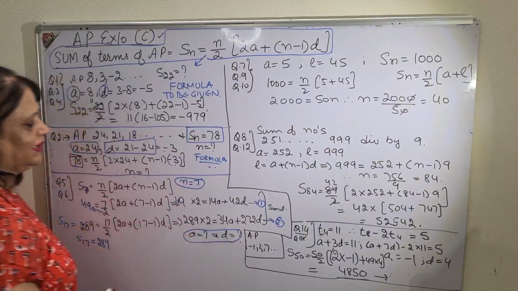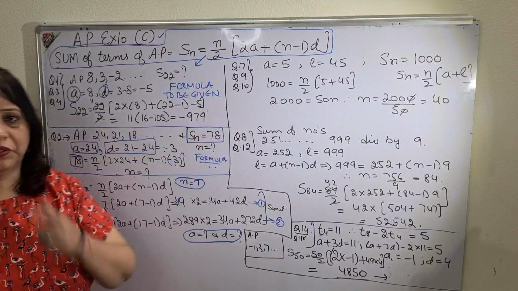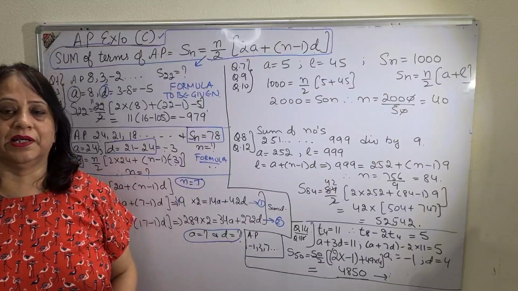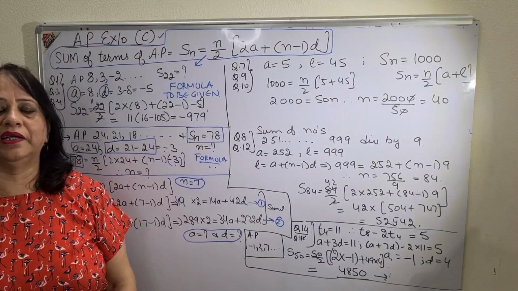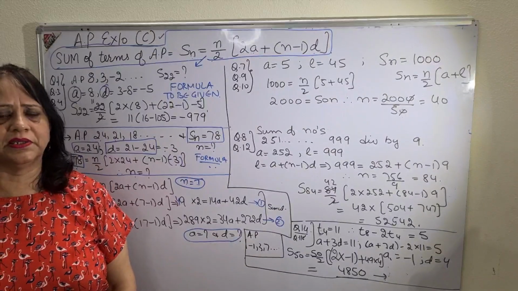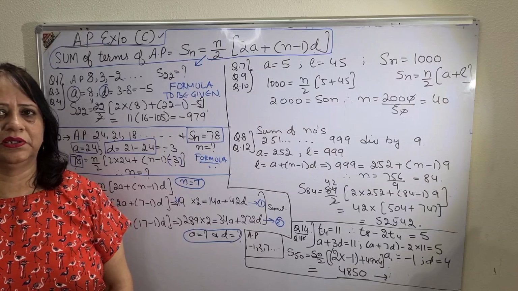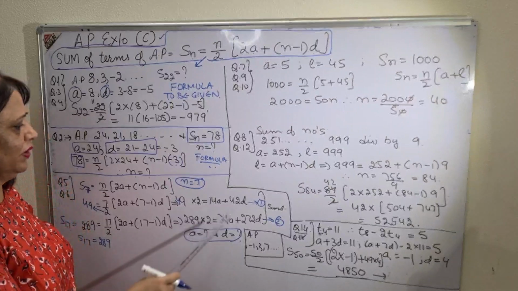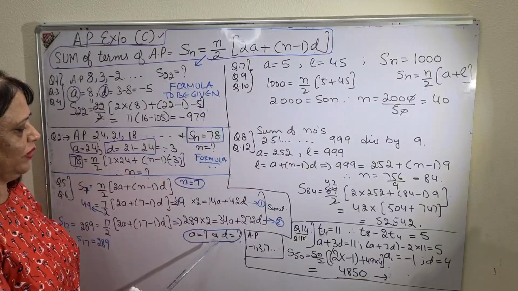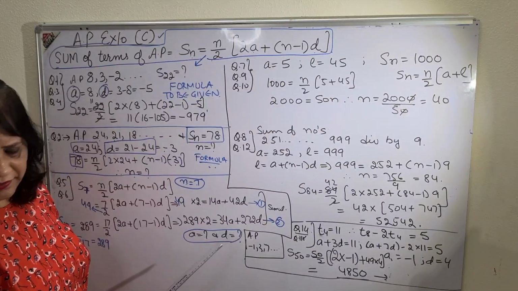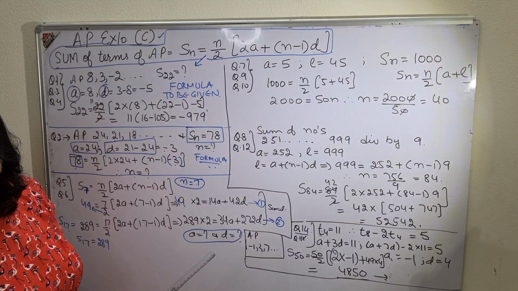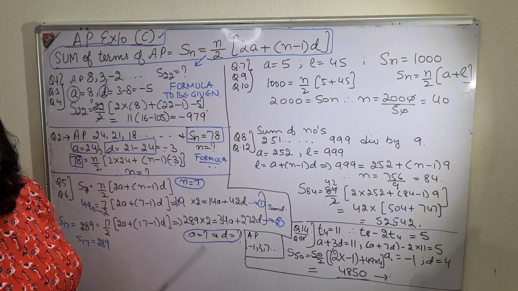Remember children, in 9th I used to tell you that simultaneous equations are very, very important. They will be used in 10th standard, and almost all the lessons somewhere or other use simultaneous equations. Again you will use simultaneous equations to find a and d, and then they have asked you to find the sum of first n terms.